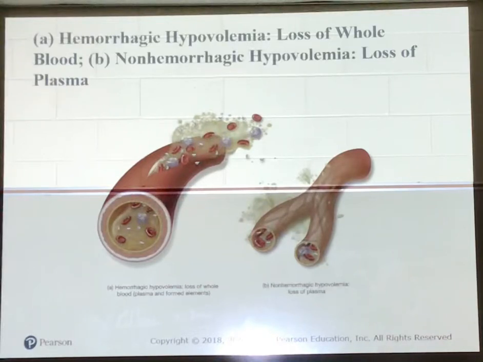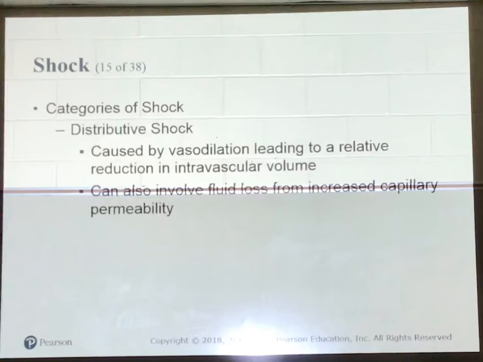All right? The most common cause of hypovolemic shock is hemorrhage. Non-hemorrhagic forms are associated with fluid loss from burns and dehydration. There's usually no actual loss of fluid or blood from the vessels, but rather a relative reduction in the volume.